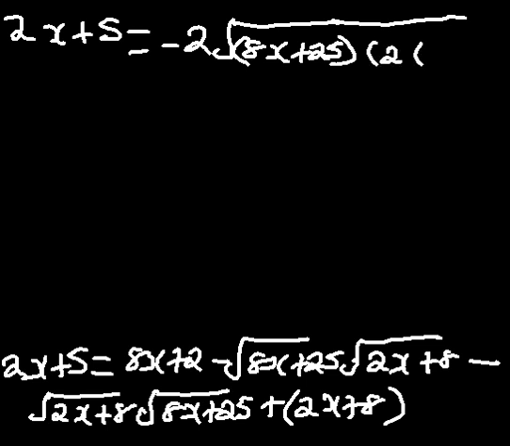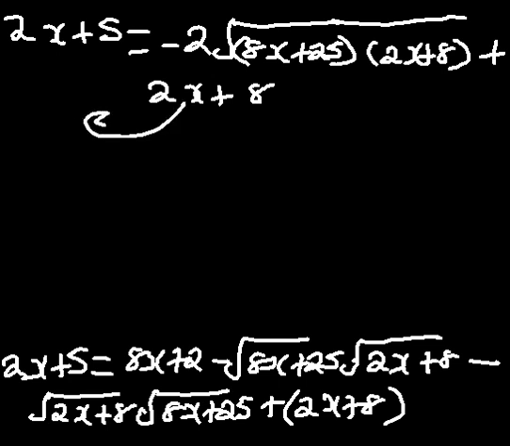Then plus 2x plus 8. Then we have the like terms, so we transfer 2x to the other side, and that will be given as 0.